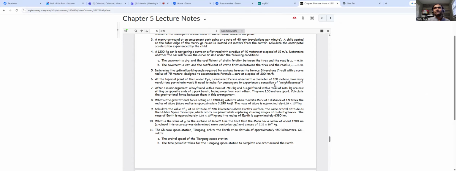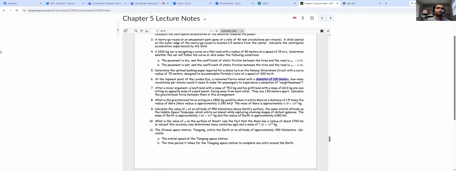The first one is it gives diameter. None of the equations we have use diameter; all the equations we see in this chapter for acceleration and force involve R, the radius, right? So if I give you diameter, make sure you convert it into radius: you divide by 2 and get the radius. Diameter is given as 120, that means the radius is 60.